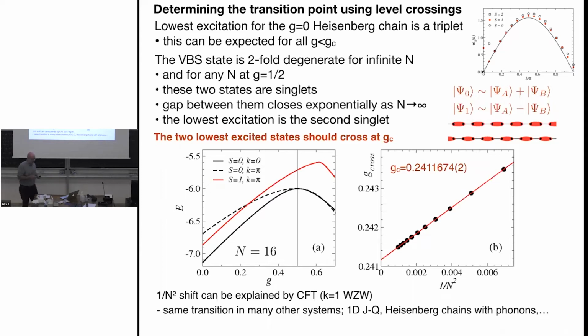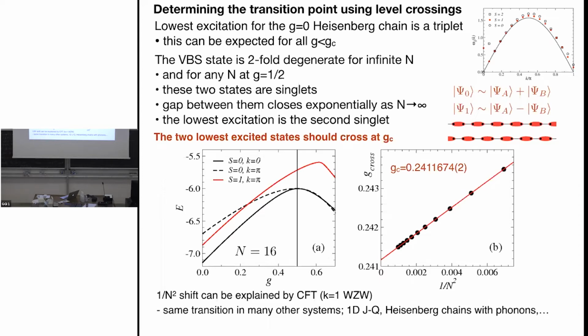Okay, so then universality, right? This kind of transition is actually quite common. The transition from this Wess-Zumino-Witten theory where there's a marginal operator causing log corrections to where it dimerizes, it happens in other systems. For example, we talked about the JQ model a little bit the first day.